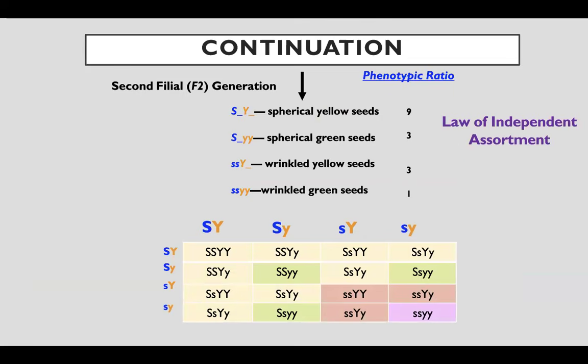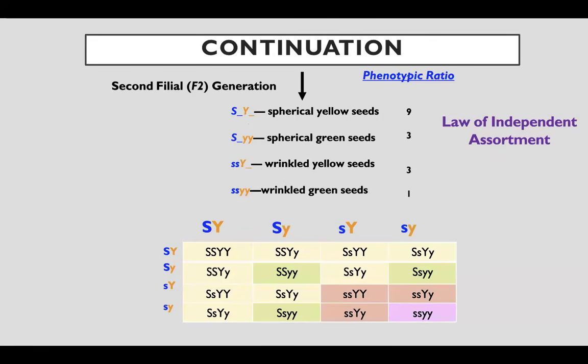For the dihybrid cross, it's 9 to 3 to 3 to 1. You have nine children that will be dominant for both traits, three children dominant for one and recessive for the other, three children vice versa, recessive for one and dominant for the other, and then one child that'll be recessive for both traits.